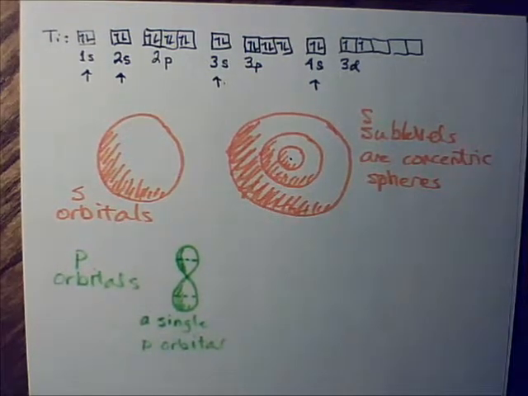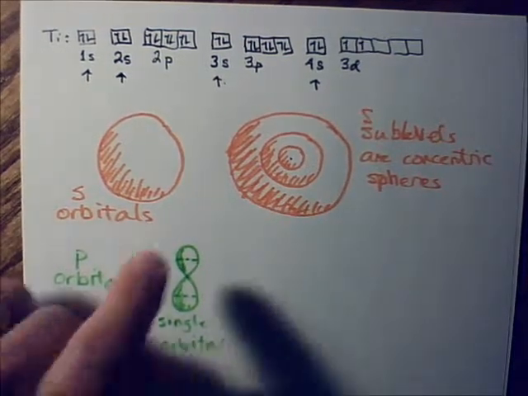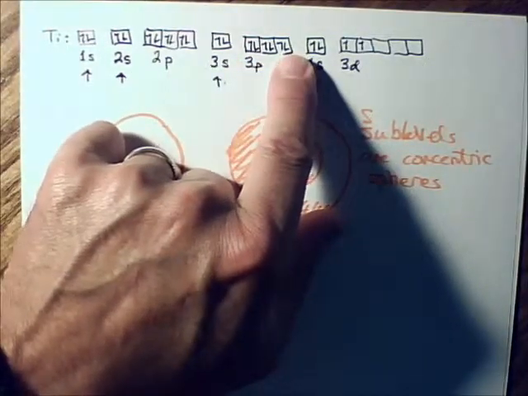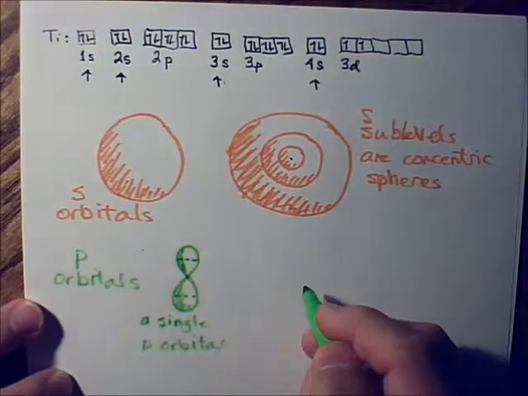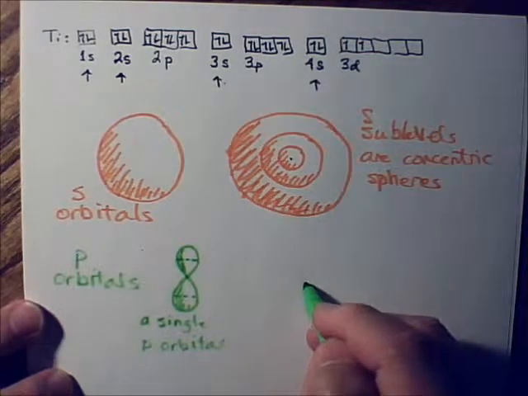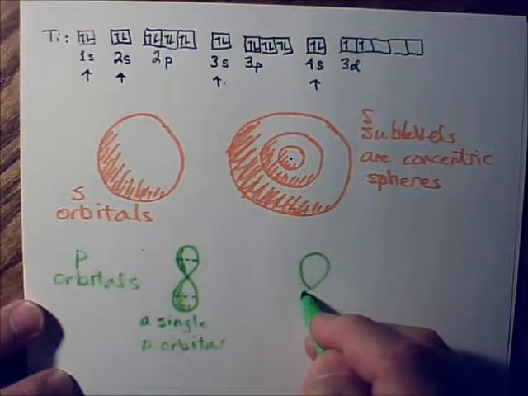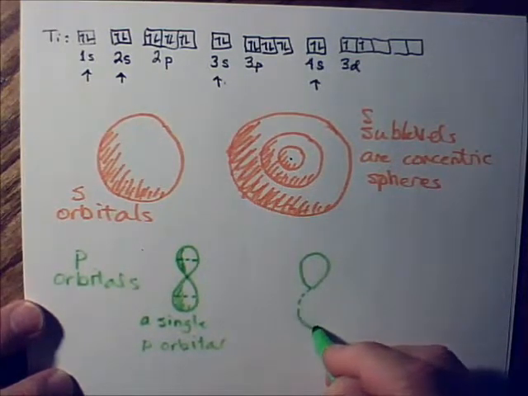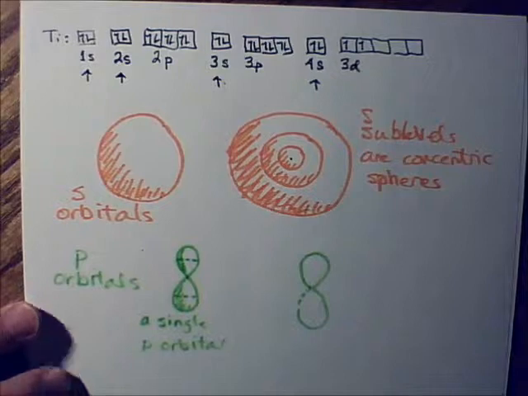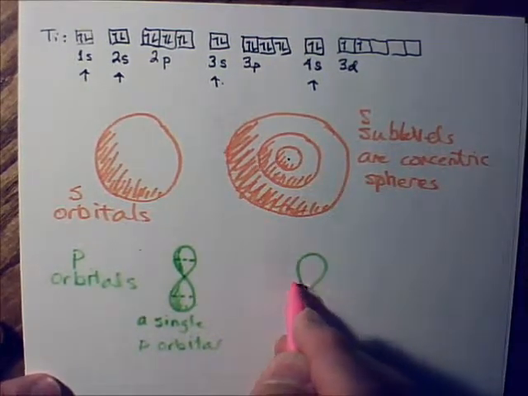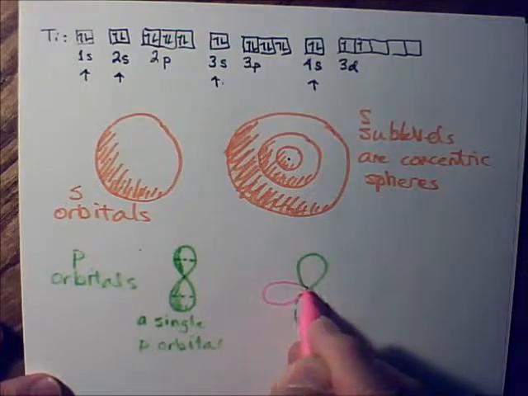Okay? If I were to put all three p orbitals, see how they have three p orbitals here and here? If I were to put them all together, they're going to arrange themselves three-dimensionally. I'm going to have one p orbital like this. Then I'm going to have a p orbital that's coming to the side out here like this.